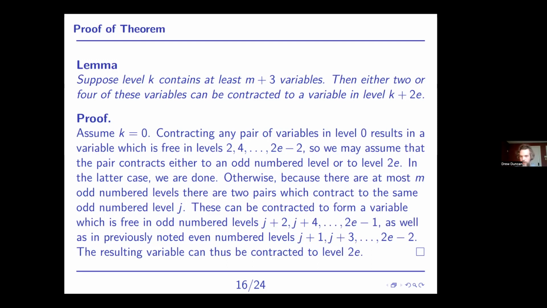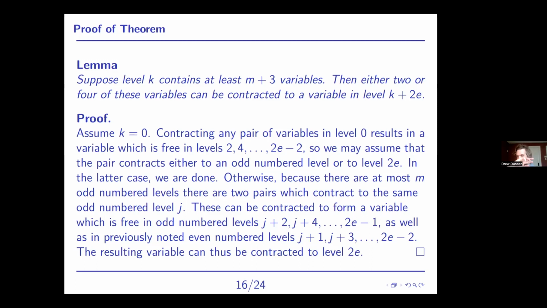That's what we wanted to establish. So we assume that it goes to an odd numbered level. There are at most m such levels because we're looking at degree 2m. And because we have at least m plus 3 variables, we have 2 of these pairs that contract to the same odd level bin.